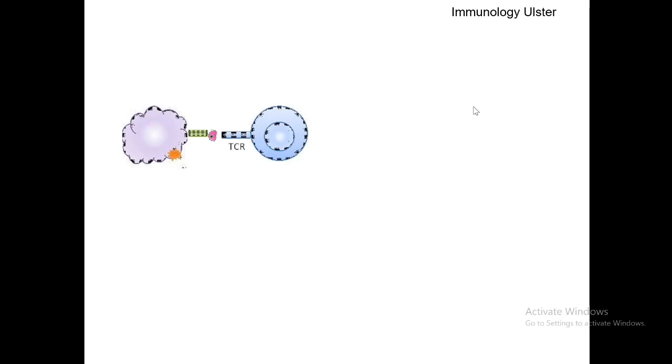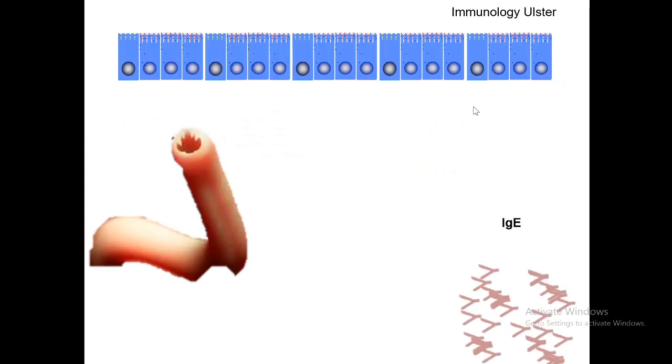It will stimulate the CD4 T helper cell to become a Th2 cell, and then the parasitic antigen will also stimulate the B cell, and once the B cell is stimulated by the parasitic antigen and has undergone somatic hypermutation, and then we get a plasma cell, in the follicle it will class switch to IgE.